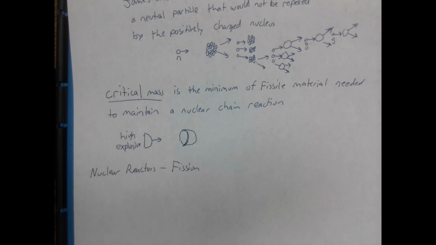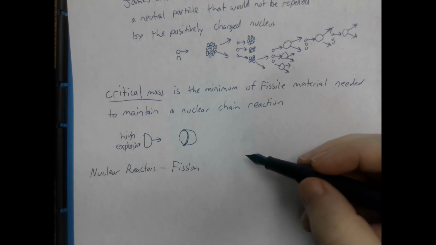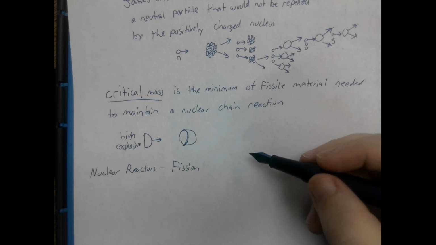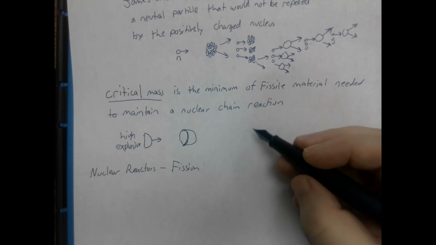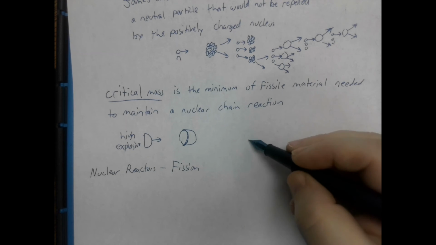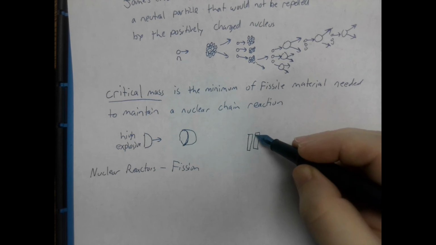What they have is usually carbon. Carbon is a good neutron collector; carbon likes to absorb neutrons. You take this nuclear material and you shove carbon rods into it.